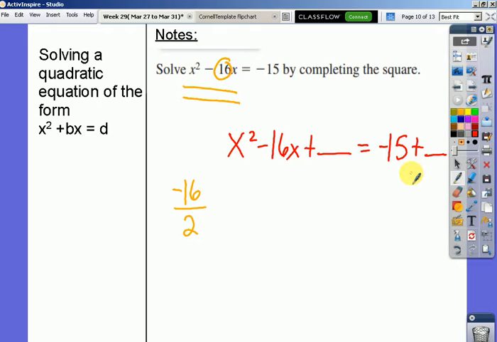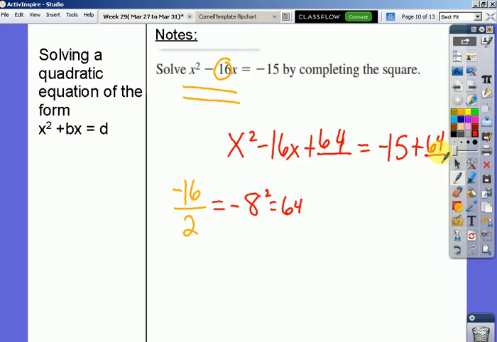So negative 16 divided by 2 is negative 8, and then when you square that, you get 64. So I square that and I get 64. That is now 64. And so, this is 64. So if I'm adding 64 here, that's okay as long as I add it over here, right? Well, what is this? A perfect square trinomial, yeah?